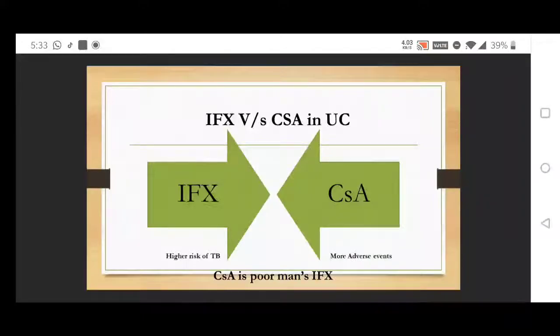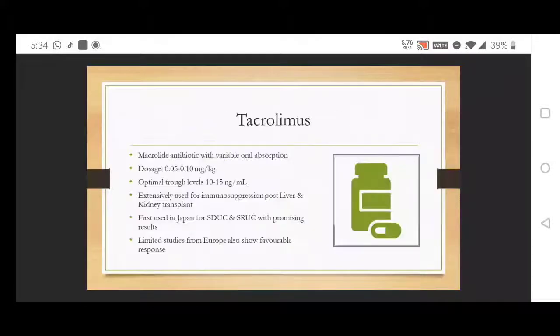So we can say that Infliximab and cyclosporine are equally efficacious. There's a higher risk of TB, and tuberculosis is a major problem in South Asia. If I have to summarize, I would say cyclosporine is the poor man's Infliximab.